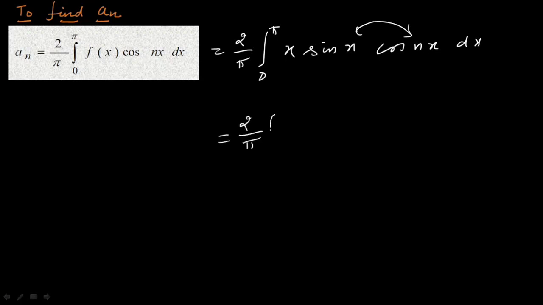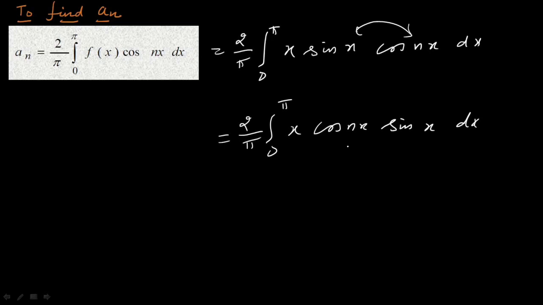I rearrange the second and third terms, that is, I write this as cos n x and sin x. This is for the simplification of my calculation. If you continue without interchanging, that is also correct, but to make my calculation easy, I interchange.